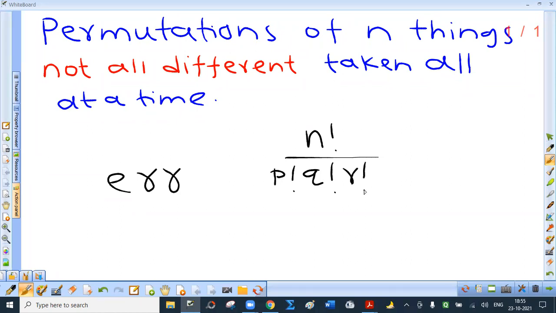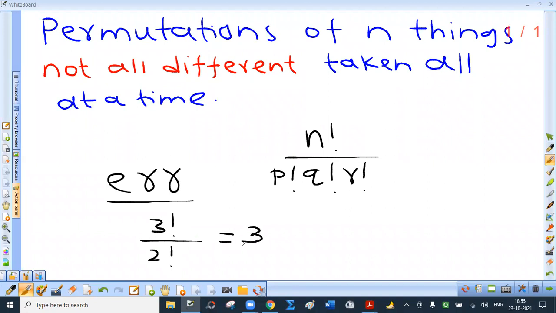So as per this formula, total number of arrangements of the letters of the word will be 3 factorial upon 2 factorial. So what is 3 factorial? 6. And what is 2 factorial? It is nothing but 2. So how many? 3 possibilities.